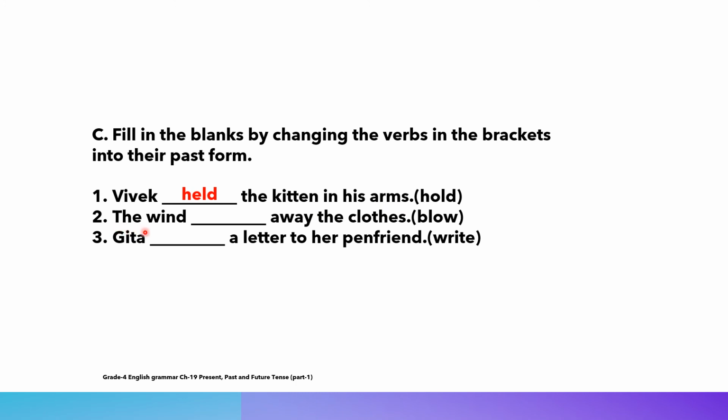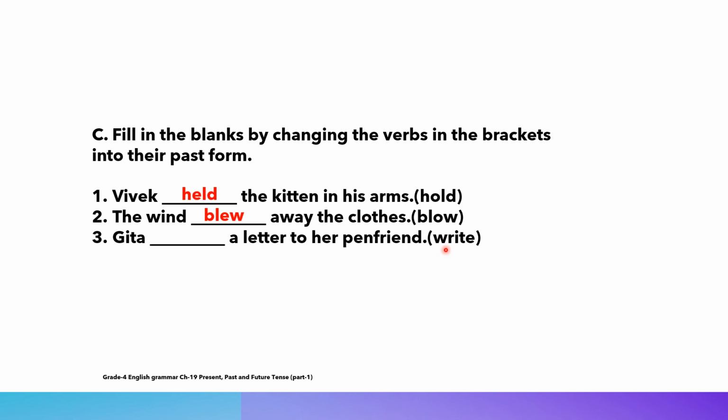Second one, the wind dash away the clothes. The verb is blow. So, its past form is blew. The wind blew away the clothes. Third, Geeta dash a letter to her pen friend. The verb is write.